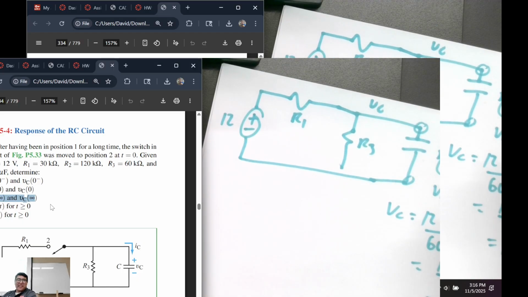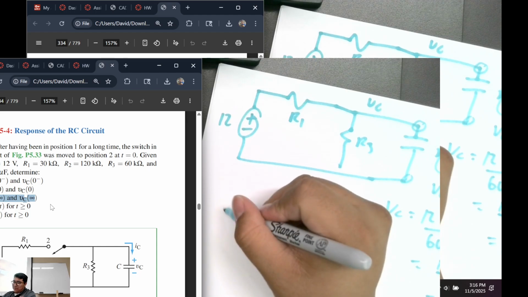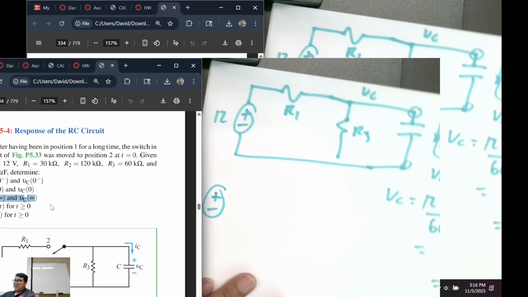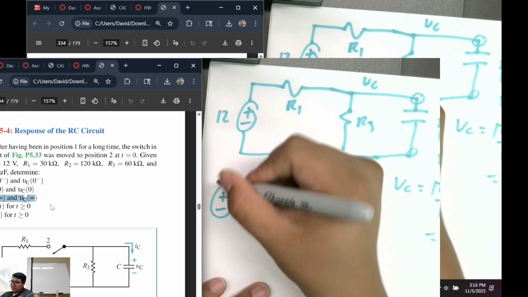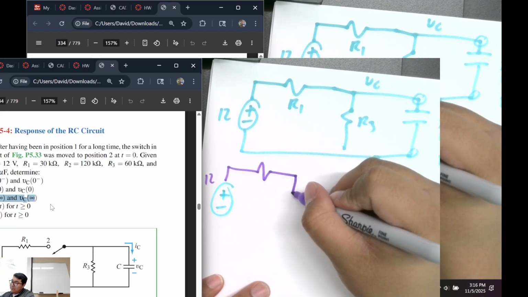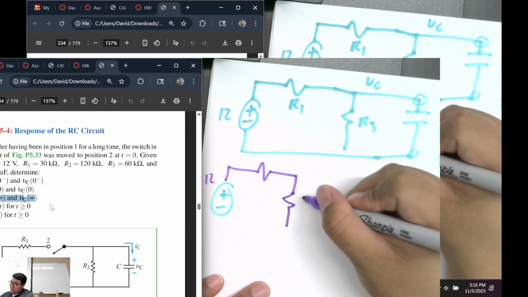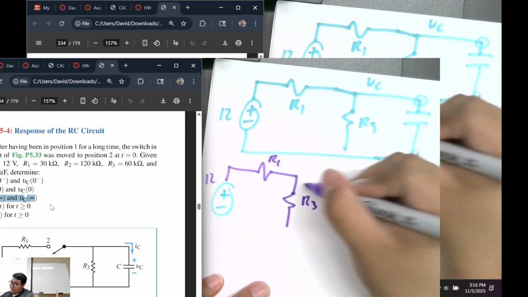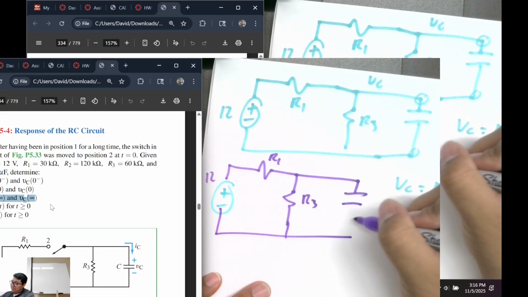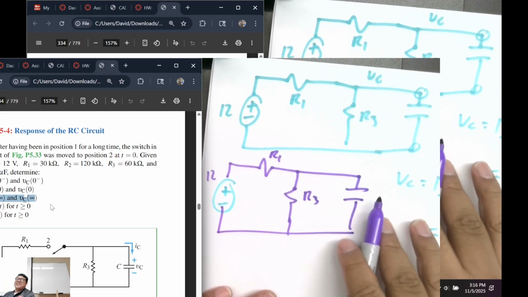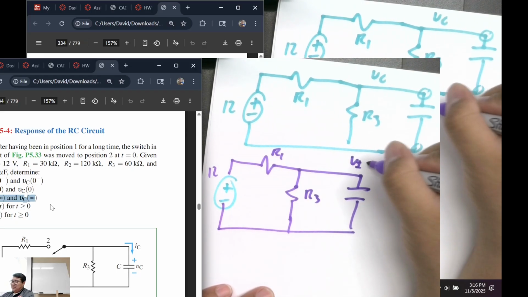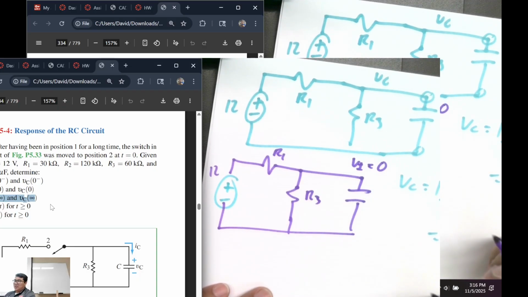So let's just say we have the following circuit. Plus minus, I'm going to use a different color. 12 volts, R3, R1, capacitor, okay? We just said initially VC is 0, right?